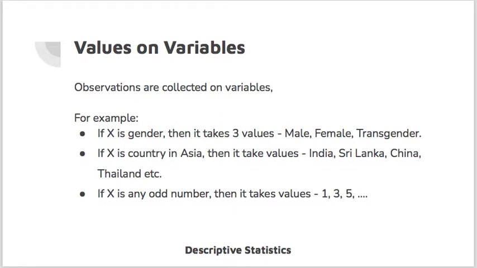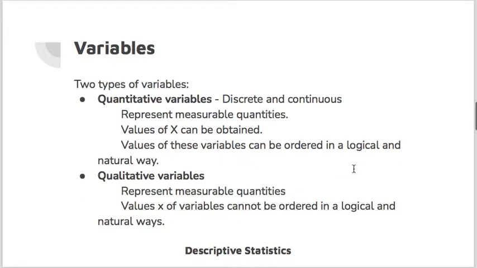Then the next aspect of variables is the types of variables. There are two types. Broadly, variables can be classified into two types: one is the quantitative variable, the other is the qualitative variable. Under the quantitative variable, we have two types: discrete and continuous.